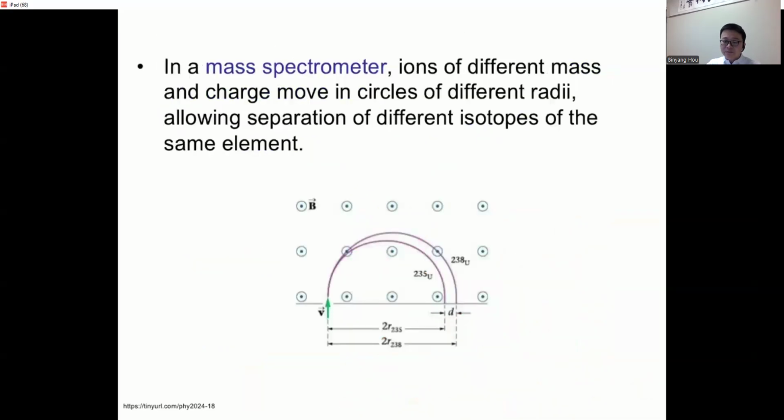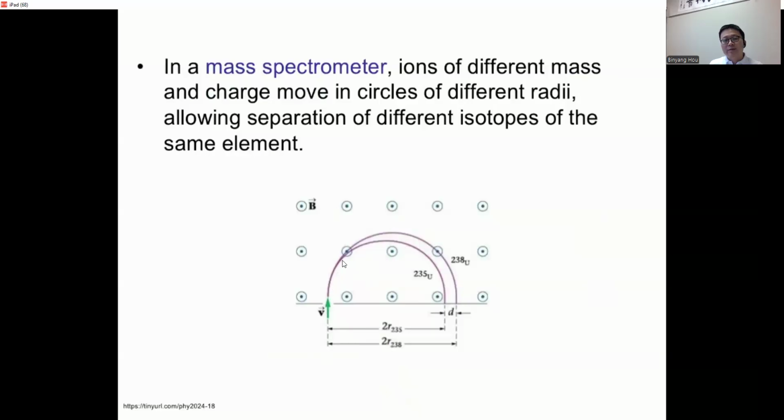The other application is the mass spectrometer, where you can have charged particles entering with a known velocity. Somewhere here you can put a velocity selector, so you'll know the velocity as it comes into the B field.